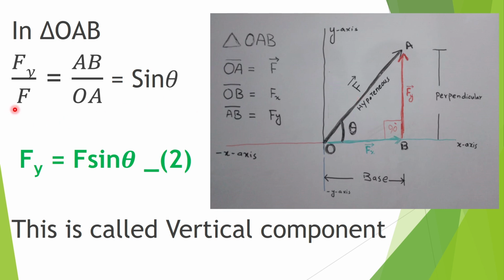Now multiply this F with this sine theta, so it will become F sine theta, and the remaining term over here is Fy. So Fy equal to F sine theta. This is called the vertical component, or y component, of the vector F.